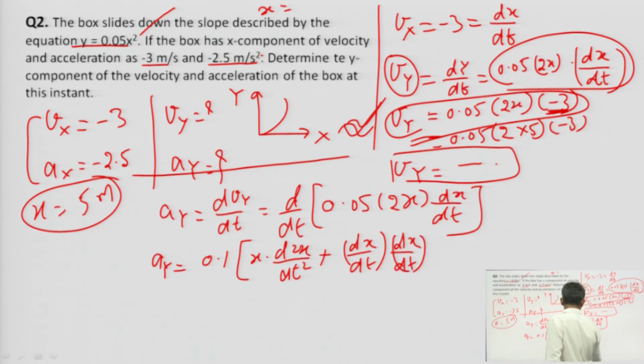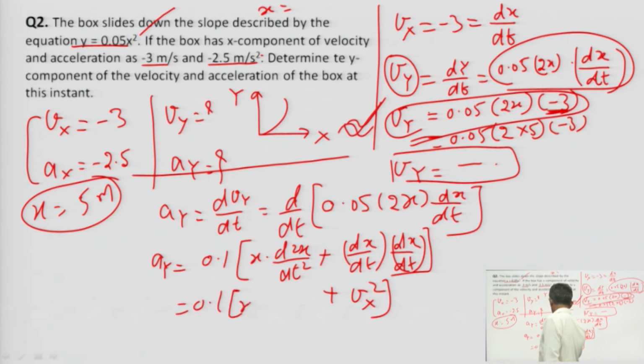Here dx by dt is Vx, so this is Vx square, and d2x by dt square is Ax.